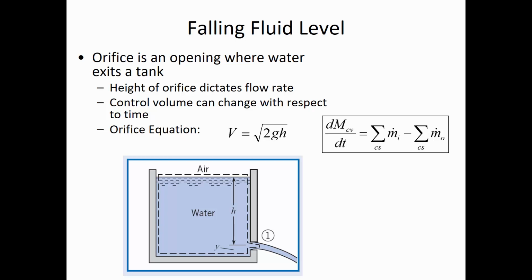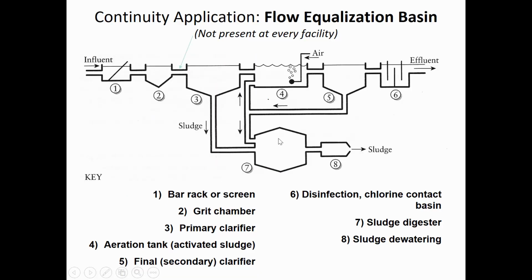Because as the liquid level gets lower, the pressure decreases and the velocity decreases, and so it's a nonlinear relationship in time versus velocity out. And velocity out depends on the height, and you can see that it's a square root relationship. So we'll get into the specifics of those time calculations in the next class period.